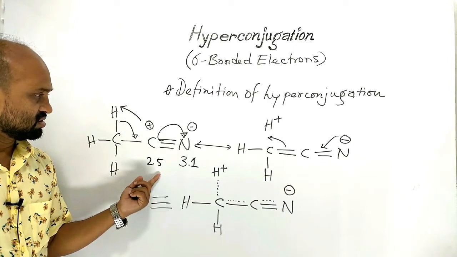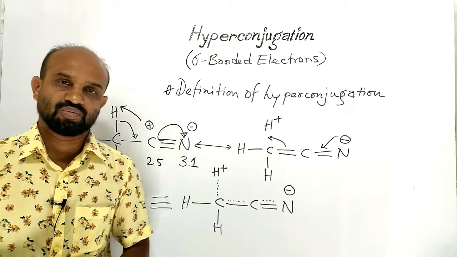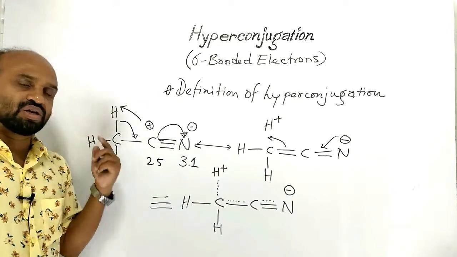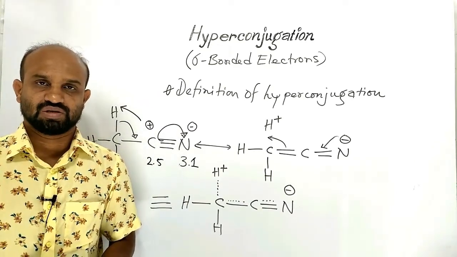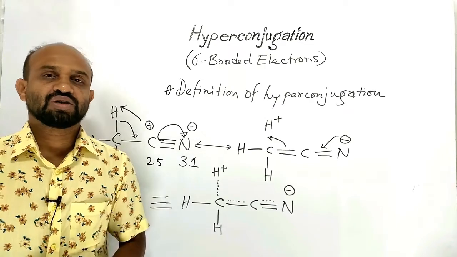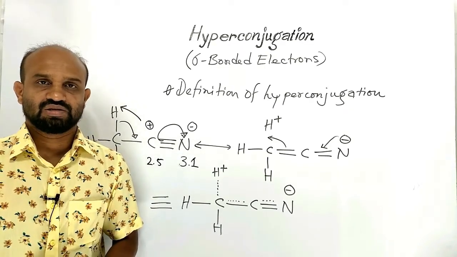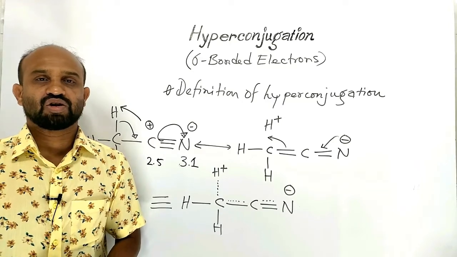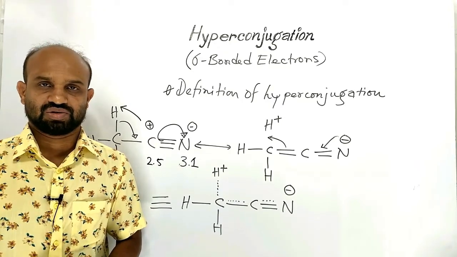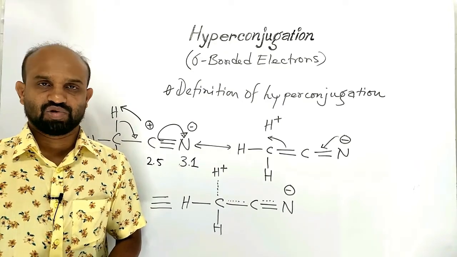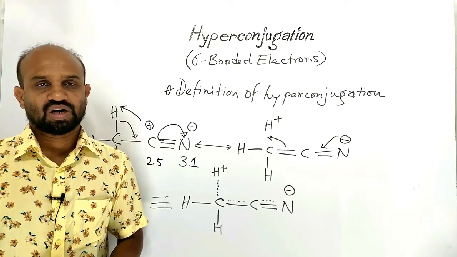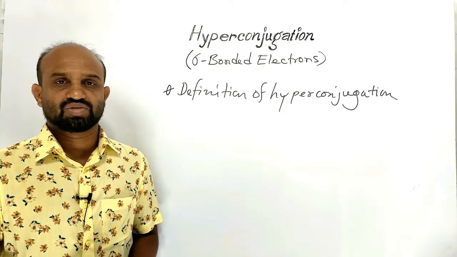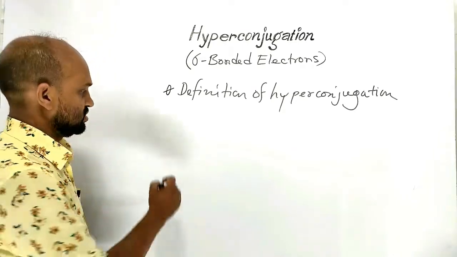In the formation of these resonance structures, sigma bonded electrons participate. So, the definition of hyperconjugation is delocalization of electrons with the participation of sigma bonded electrons that stabilizes the molecule. Let's see the resonance hybrid of acetonitrile accurately.